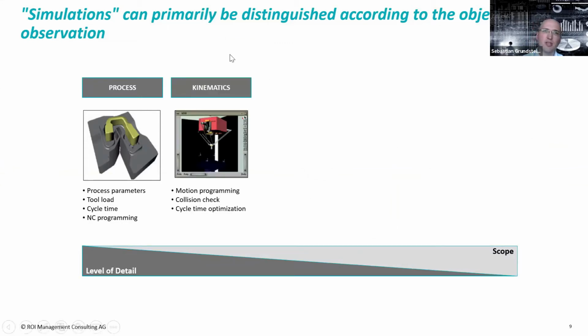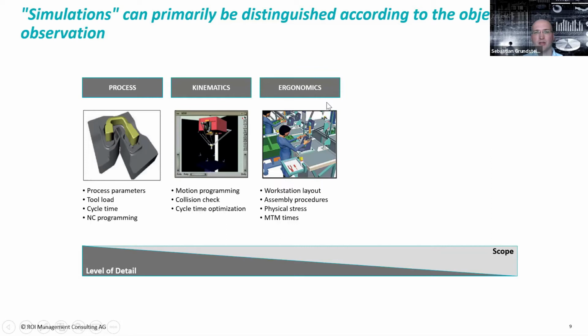Some know also simulation of kinematics, collision checks, for example. A little bit larger when you talk about workstation design, or when you talk about assembly procedures and ergonomics, there's also simulation used for that field.